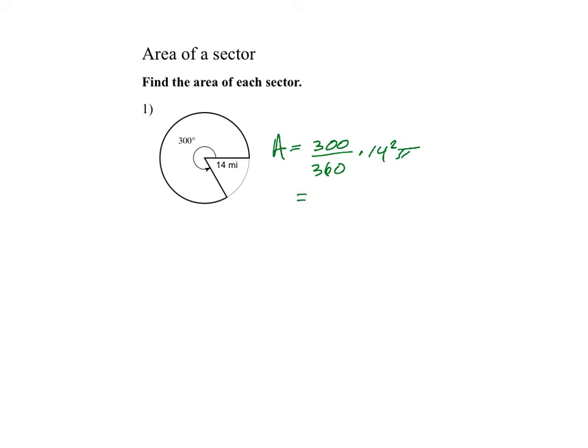So once I simplify this one, I have 1/12 times 196 pi. So if I simplify this right here, I'm going to have 3 and 49. So 49 pi thirds miles squared because we're working with area. So that's my area of that sector of the circle.